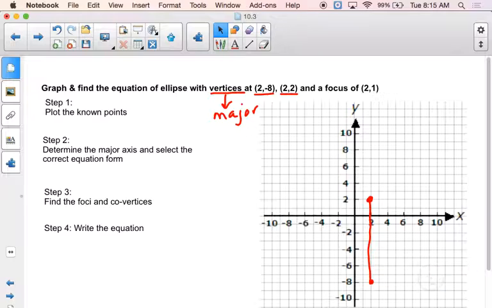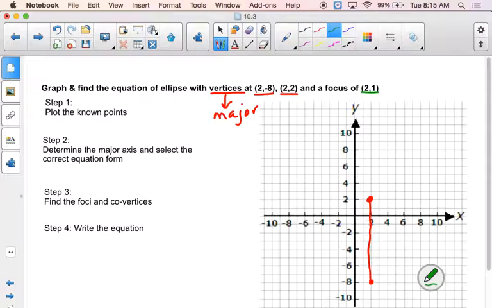I also know that I have a focus at 2, 1. So if I go over 2 and up 1, there's my first focus. Since I have a distance of 1 there, that's going to be my second focus.